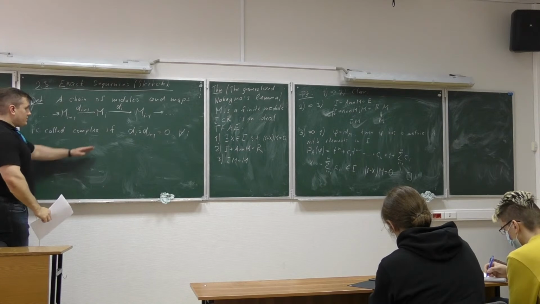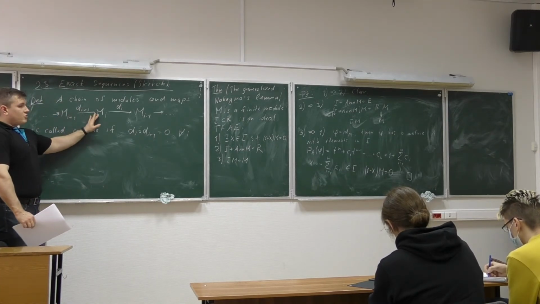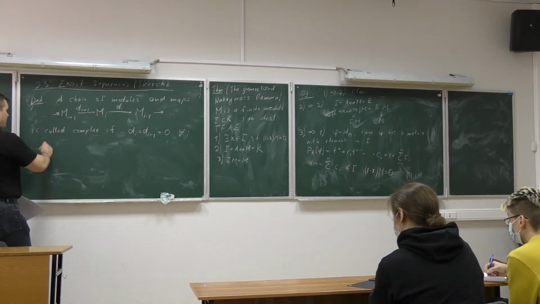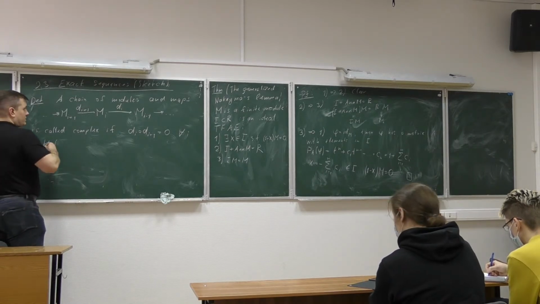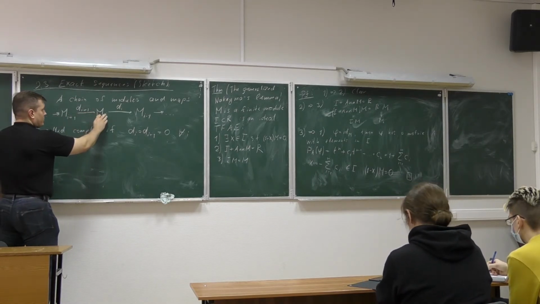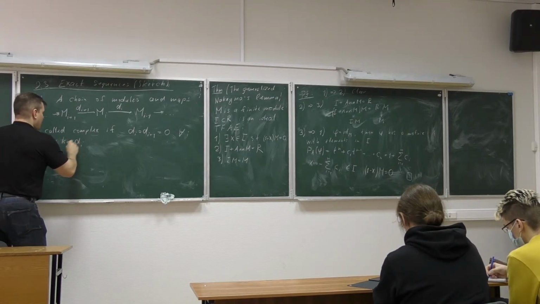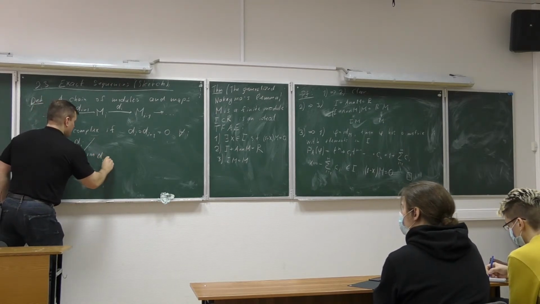So of course, if this is the case, it means that the image of the previous map is in the kernel of the next map. So we can define the so-called homology Hi, which measures how much the image is different from the kernel. So the kernel of di modulo the image of di plus 1.